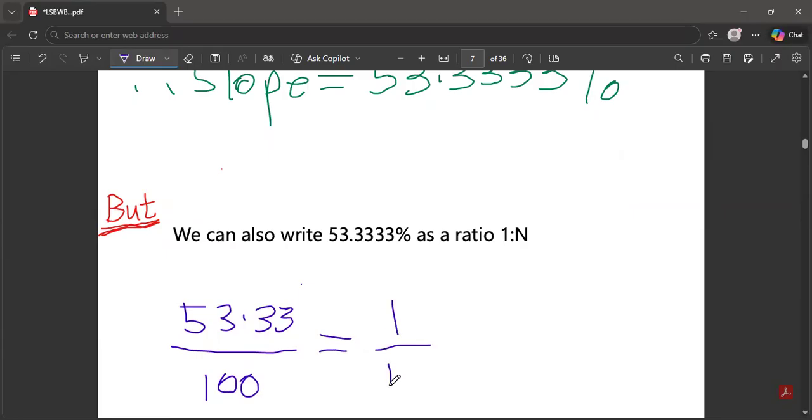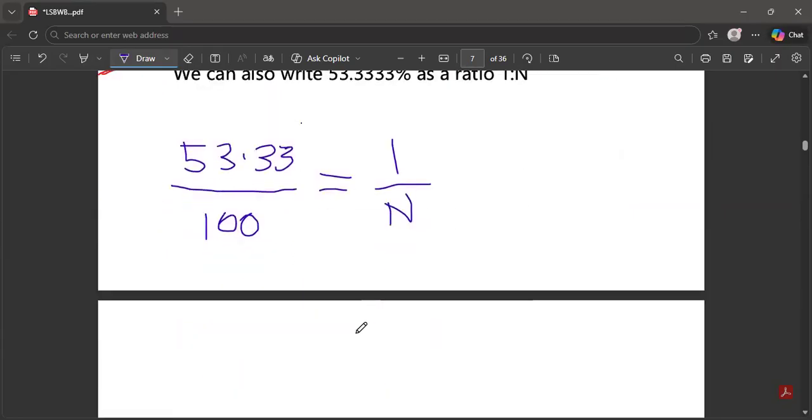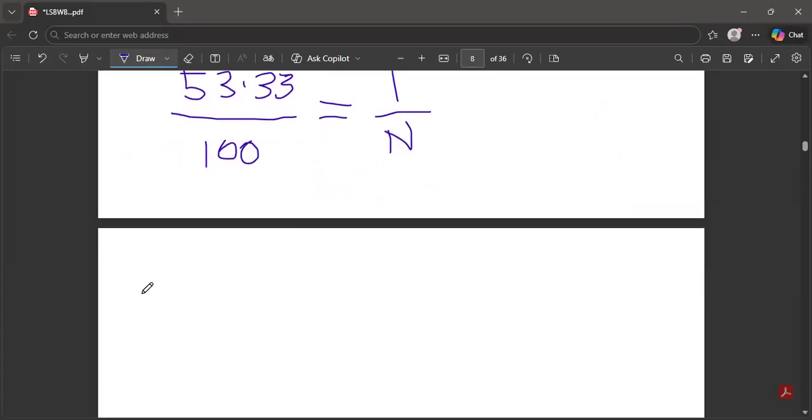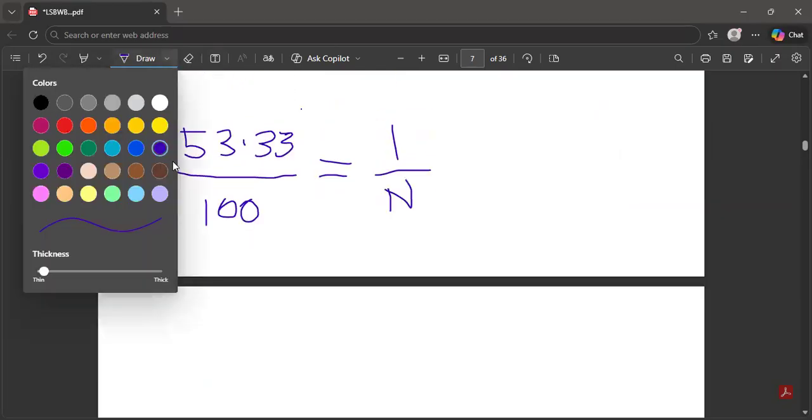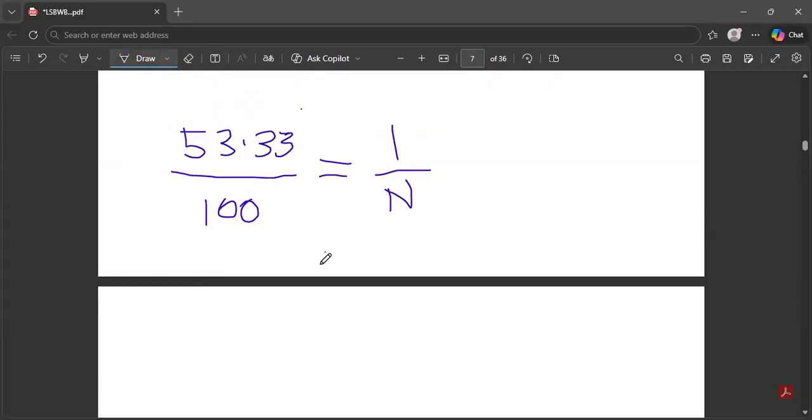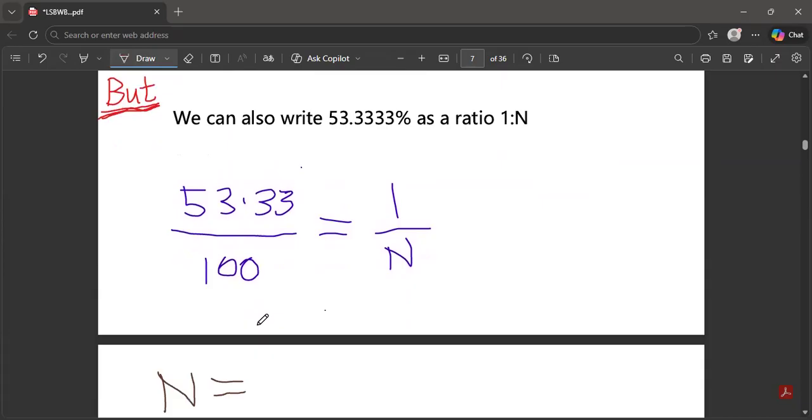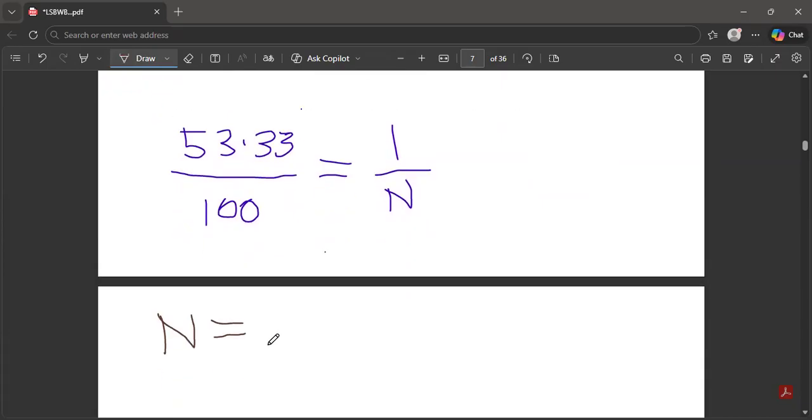The rest is a matter of cross multiplication. As I told you initially, it's always just the reciprocal of the other one. We realize that finally our n is going to be equal to 100 over 53.33.